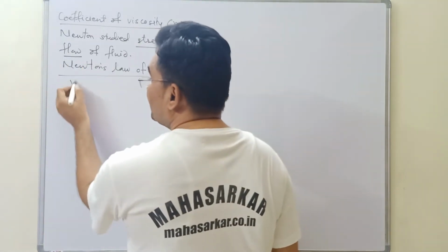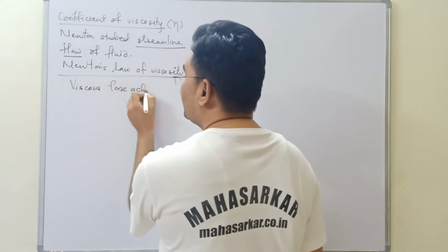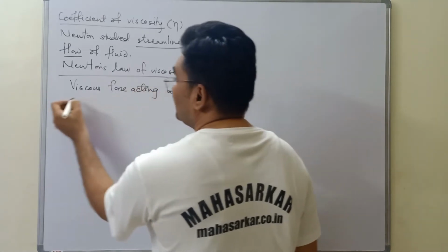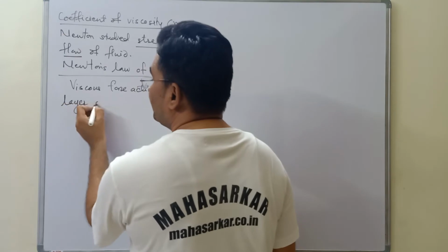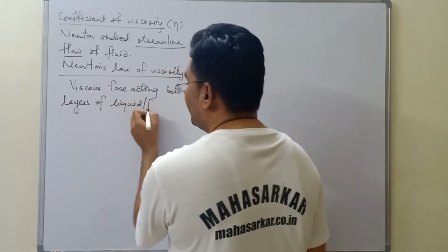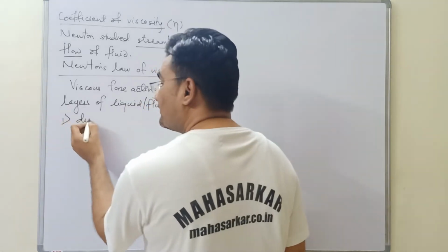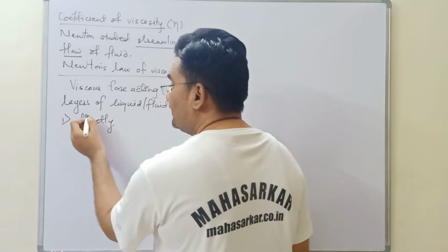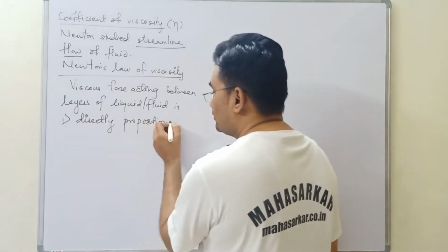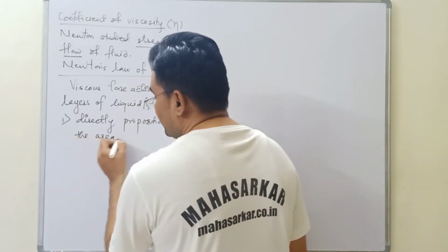So what did Newton say? According to Newton, the viscous force acting between layers of liquid or fluid is, the first point he observed, directly proportional to the area of the layer.